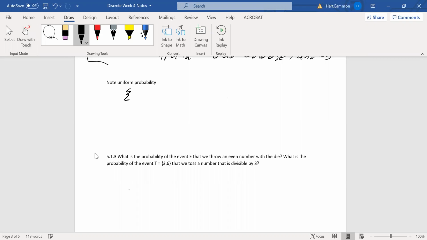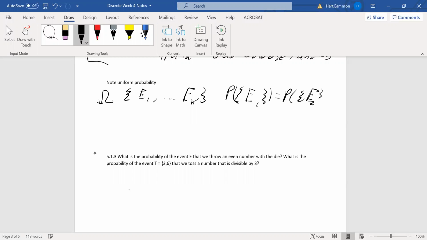If my probability space is equal to E1 through EK, and the probability of the set E1 is equal to the probability of the set E2, equal to the probability of the set EK, is equal to 1 over K, then this is what it means for it to be a uniform probability space: every single element of omega has an equal likelihood of showing up.